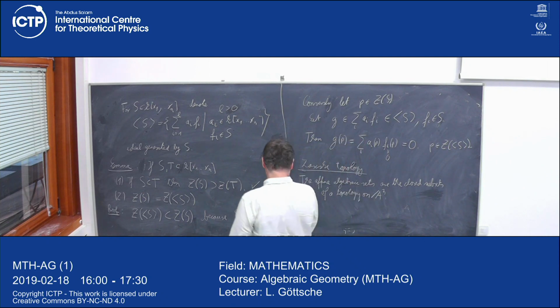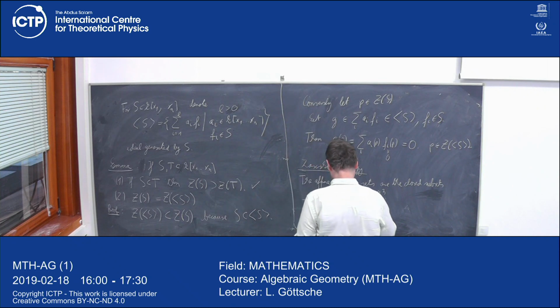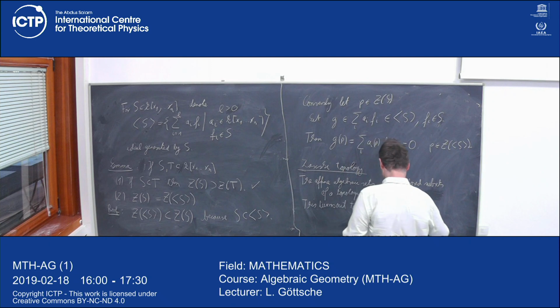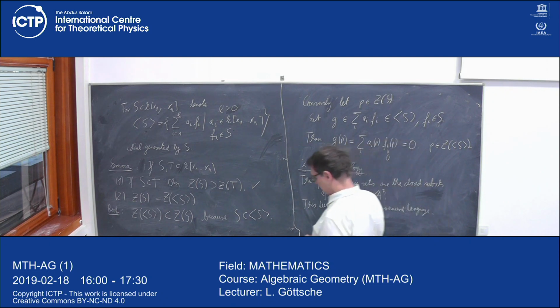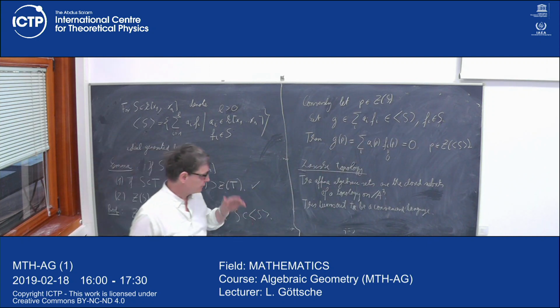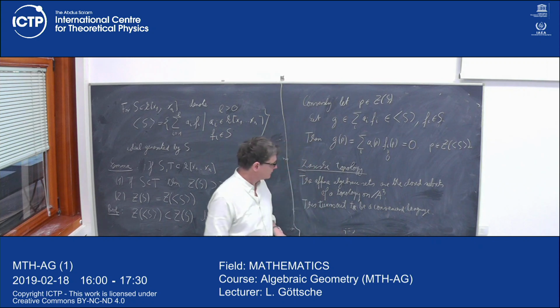And this turns out to be a very convenient language. So you can talk about closed sets, open sets, continuous functions, and all that, using this topology. But one should keep in mind, and we'll see later, that this is a very strange topology.